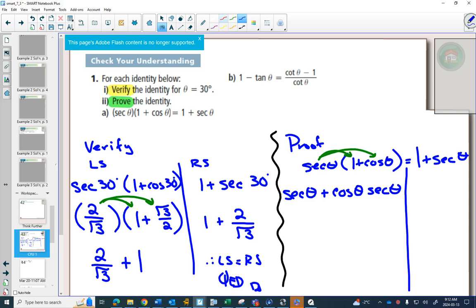At this point, I might want to change everything to sine and cos because I like that strategy. So the secant theta would be 1 over cos theta plus cos theta times 1 over cos theta. And on this side, I'd have 1 plus 1 over cos theta.